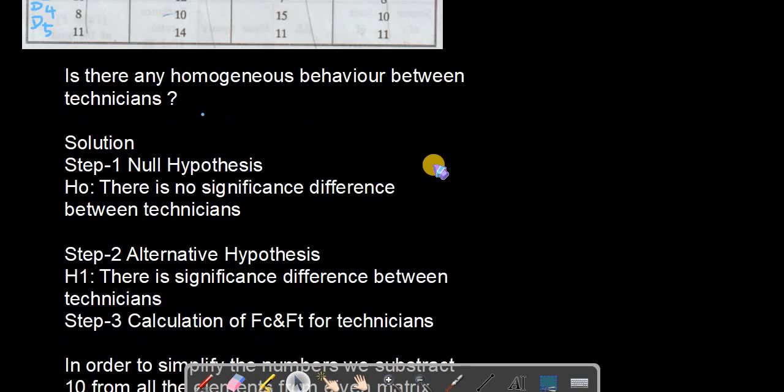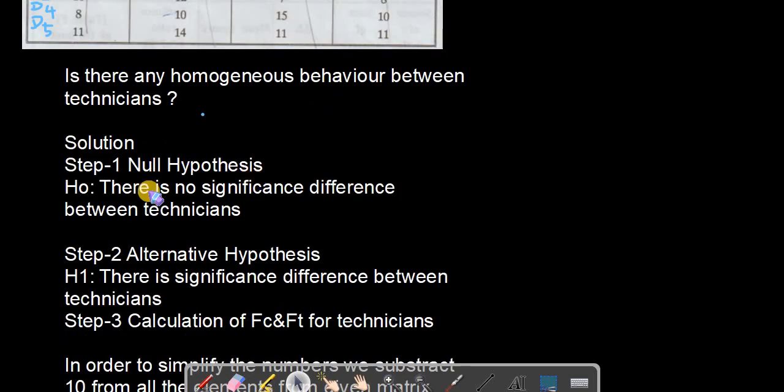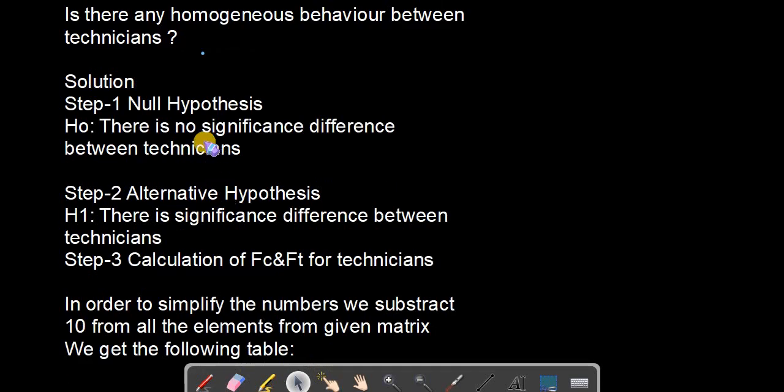And we know that the first step here is the null hypothesis. The null hypothesis is that there is no significant difference between the technicians. There are 4 technicians, and we assume that all are equally working. That's called the null hypothesis.